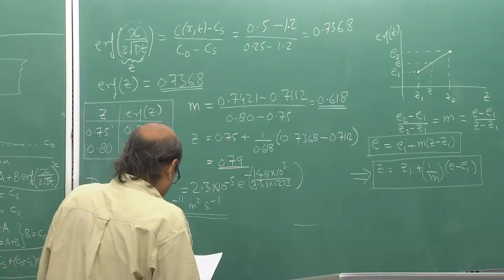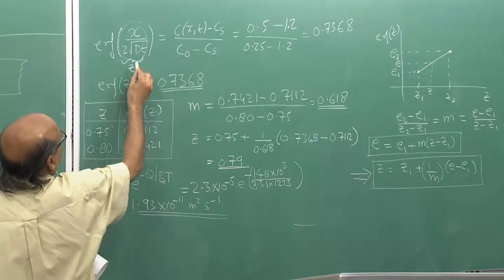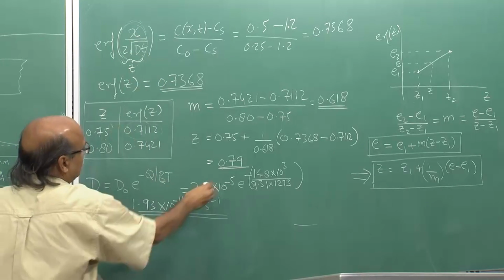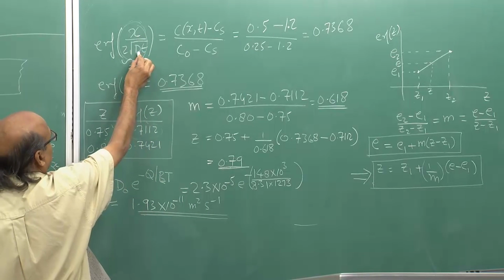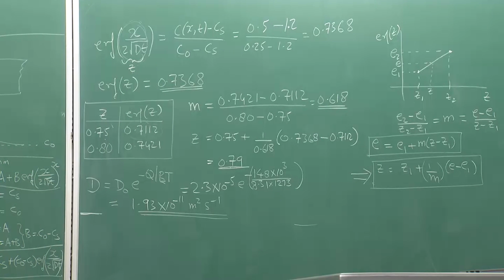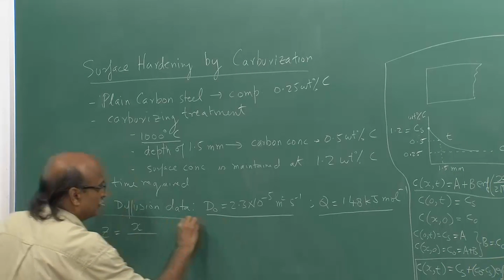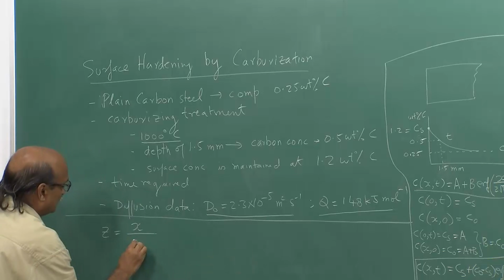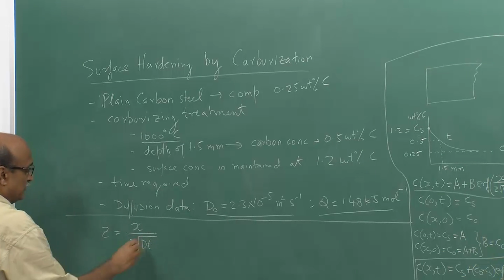Now, with this value, I know this whole quantity is equal to Z, which is 0.79, and X is 1.5 mm. Now, I know the diffusion coefficient, so I should be able to find the time. So, let us find this. Z is equal to X divided by 2 square root of Dt.